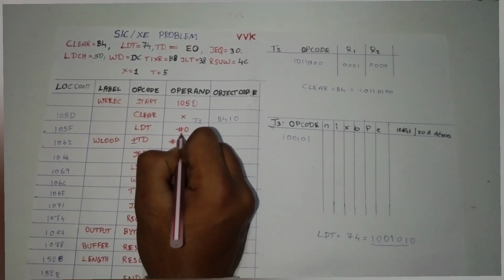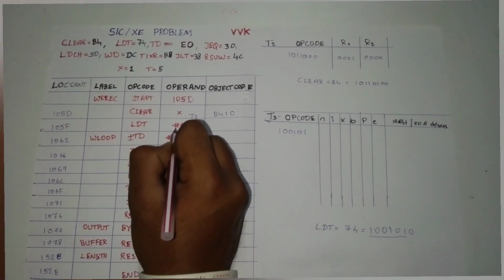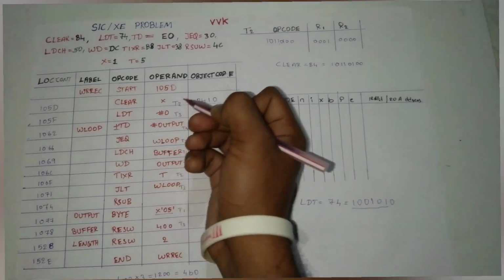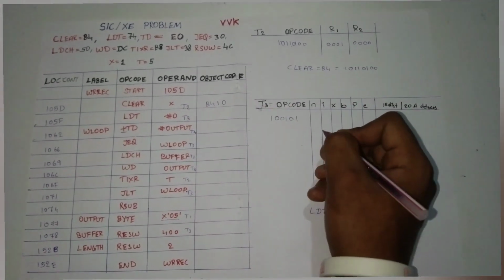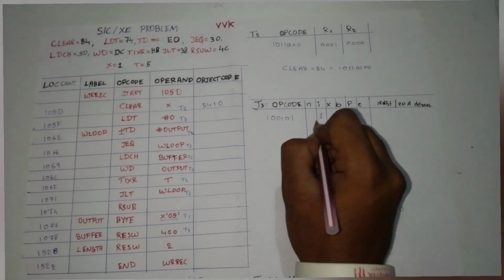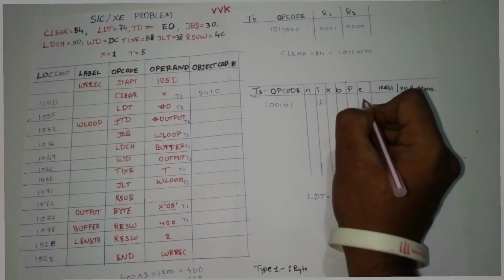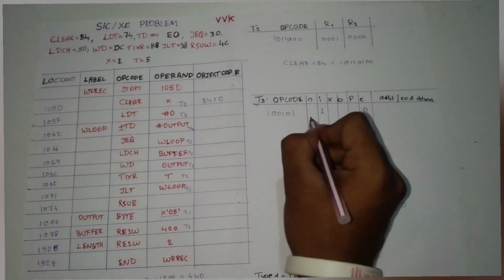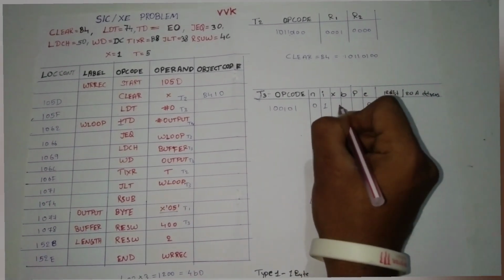In the operand, the hash has been used. It means it is immediate addressing mode, so only i will be considered as 1, and it is type 3, so e will be 0, and all the others will be 0.